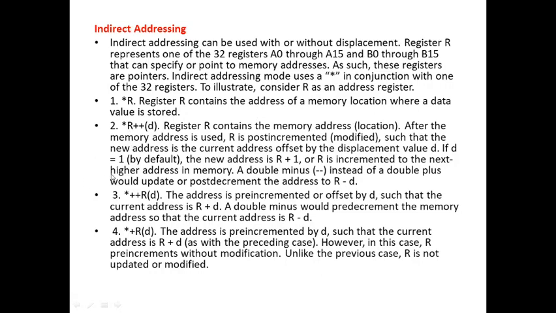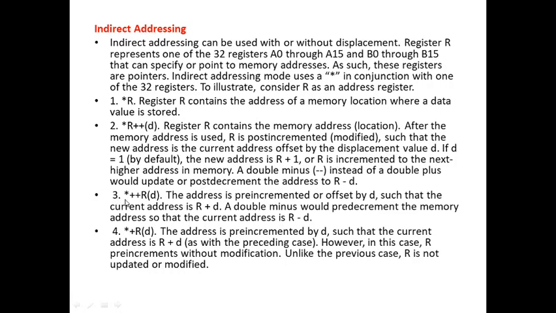If D equals 1, which is the default, the new address is R plus 1, or R is incremented to the next highest address in memory. A double minus instead of a double plus would decrement the address by D.